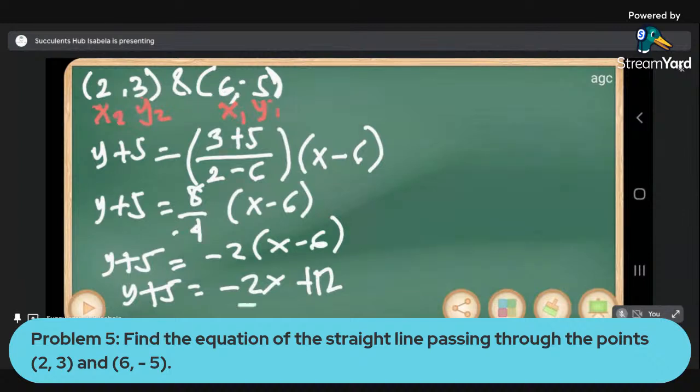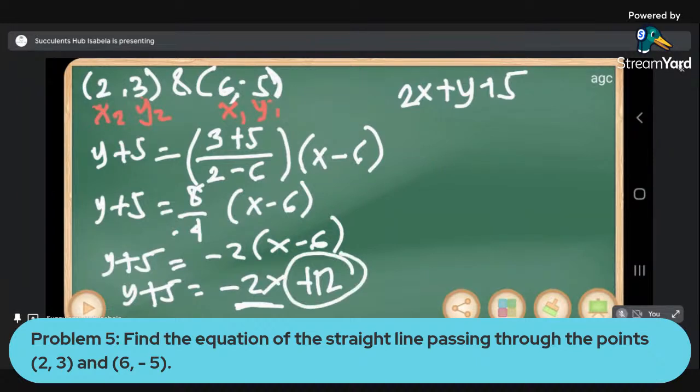Dapat palagi siyang positive doon sa form kasi na ina-achieve natin. So ililipat lang natin siya sa kabila. So you will have 2x plus y plus 5, and then this will be changed to negative 12, minus 12 is equal to 0. So you will have 2x plus y minus 7 is equal to 0.